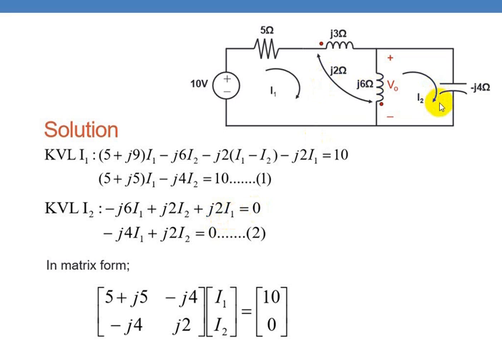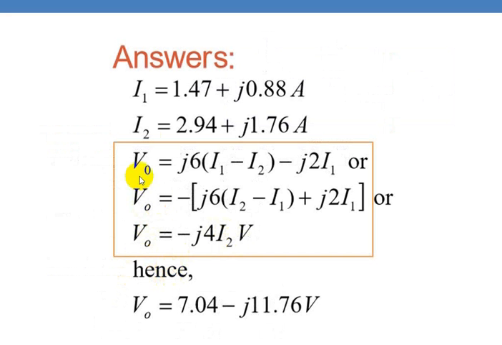While writing the equation for the second mesh, this current I2 is entering here, whereas in this coil I1 is entering the dot. So in both cases, the currents are entering. So right here plus. Now separate I1 terms, I2 terms. So you will get this equation, equating to 0. Now put these equations in matrix form. Then find I1, I2 using Cramer's rule, like we did earlier.